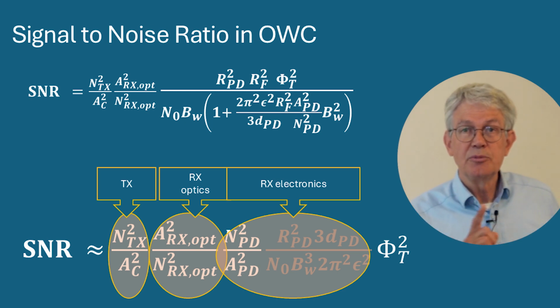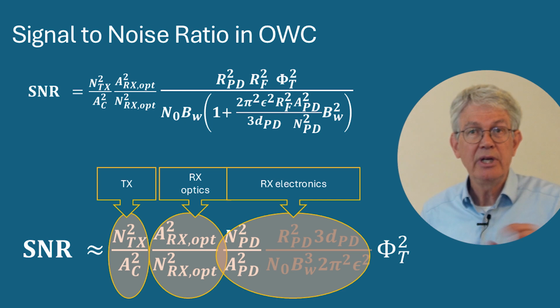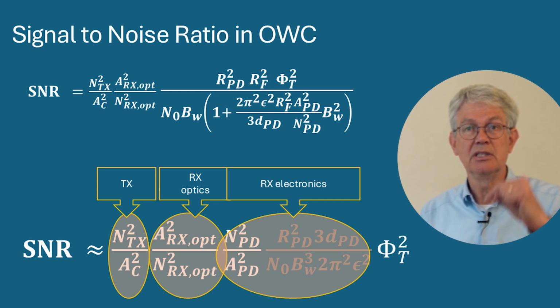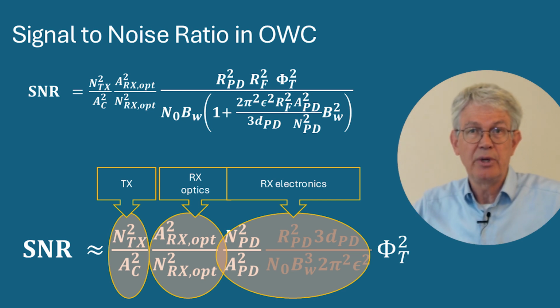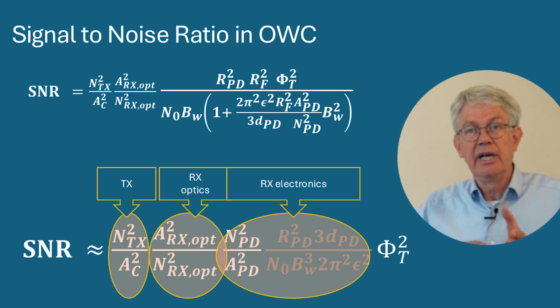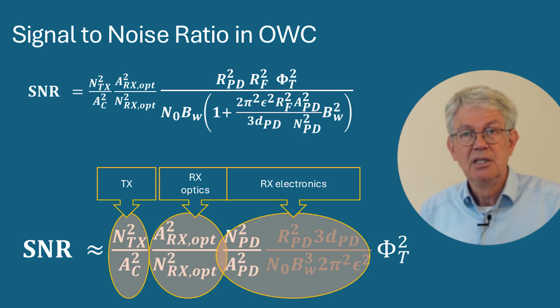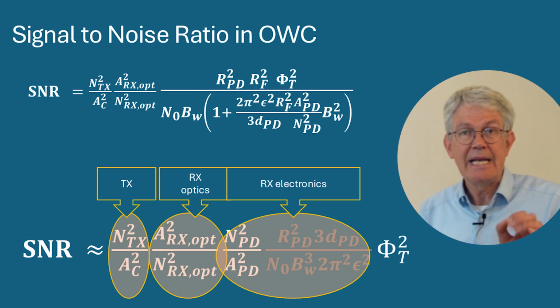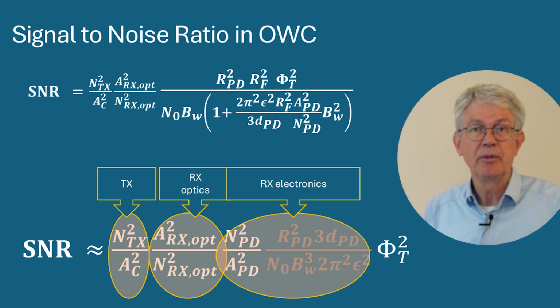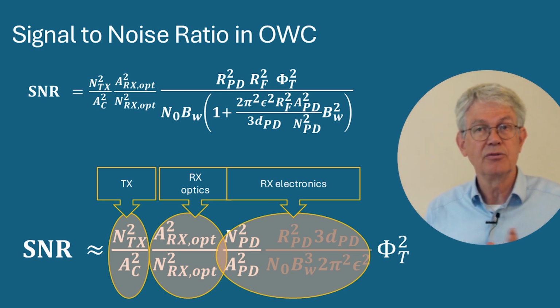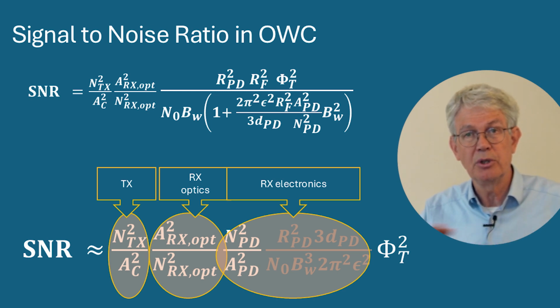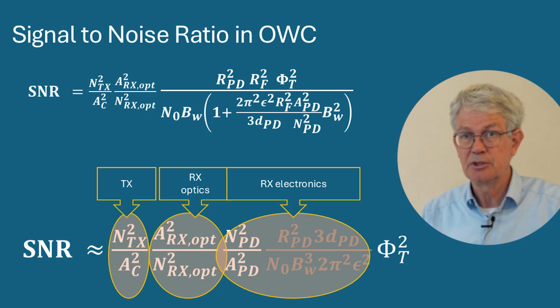The interesting terms here are that the area of the photodiode is in the denominator, because that area is restricting the bandwidth, and in order to compensate for that, I get a lot more noise. So that APD squared in the denominator comes from the effect of the boost of the noise if we want to equalize the response.